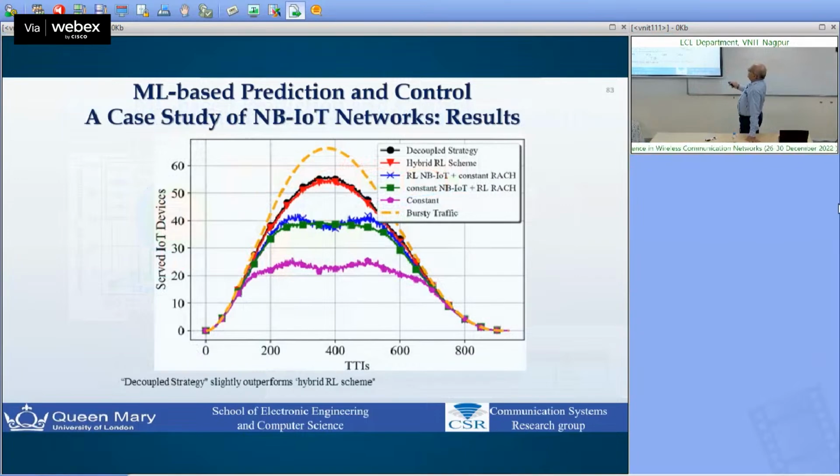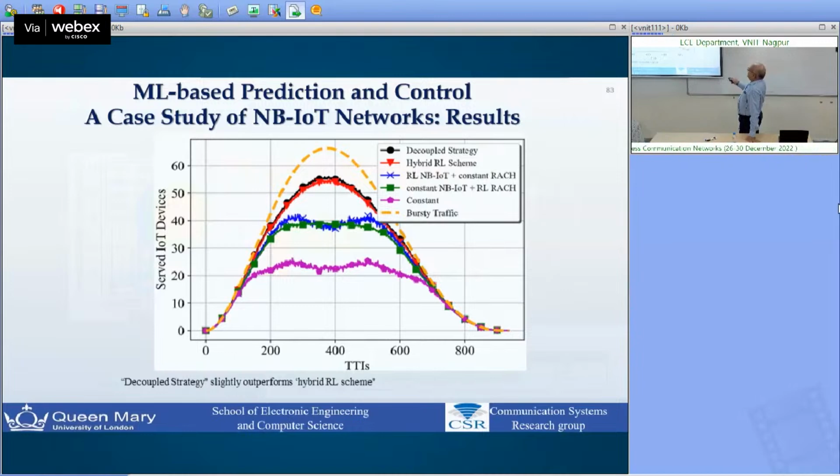Here, the 13 parameters decoupled is this one, the hybrid scheme. This one is the decoupled one. This one is a fixed value, constant narrowband IoT, only random access here.